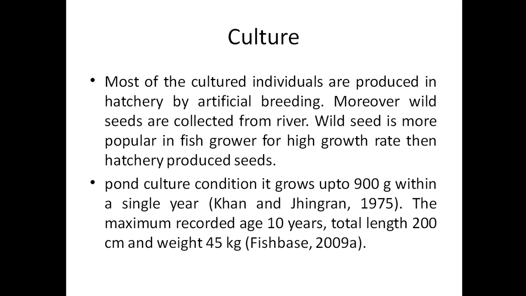Sometimes the wild seeds are collected from sea, river, because the wild seeds have more value. In pond culture, it can grow up to 900 grams within a single year. The maximum recorded age is 10 years in culture, with length about 200 centimeters and 45 kg in weight.